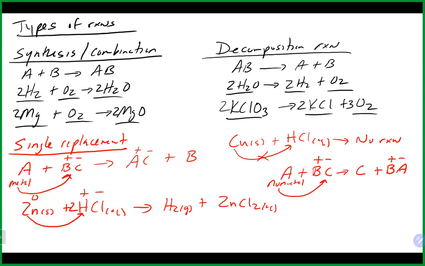The other type of reaction is a double displacement reaction, I think is what you have in your lab, if I'm not mistaken. So let's take a look at what that is. That is a double displacement reaction, and that is AB plus CD.